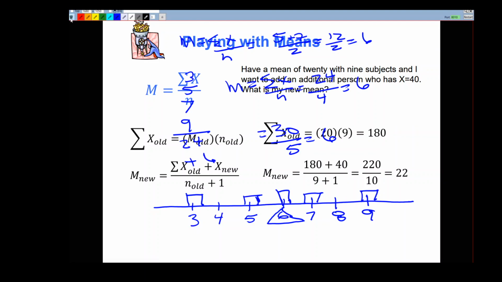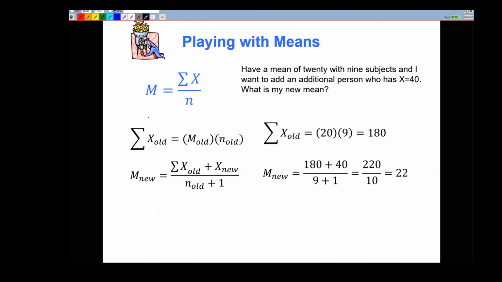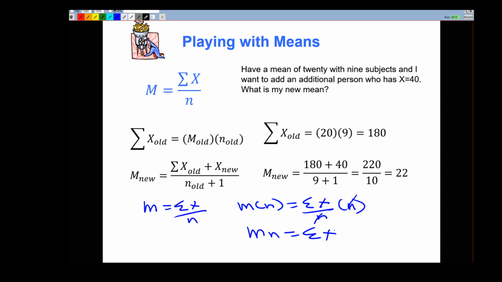So let's see here. Okay, so if I know M equals the sum of X over N, if I multiply both sides by N, my two N's cancel out, and I'm left with M times N equals the sum of X. So if I know what the mean is and I know what the N is, I can figure out what the value of the sum of X is.